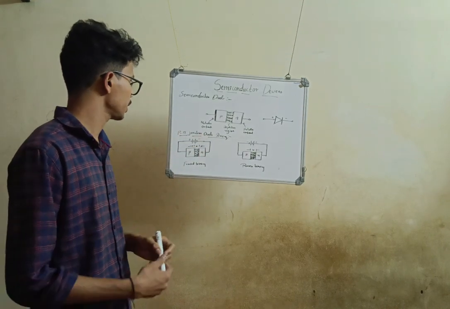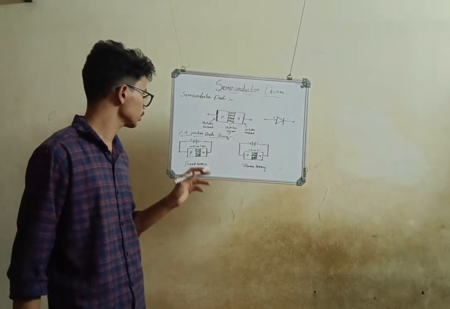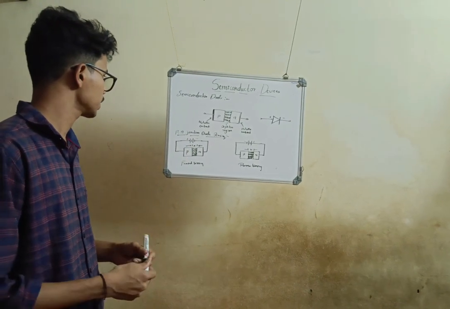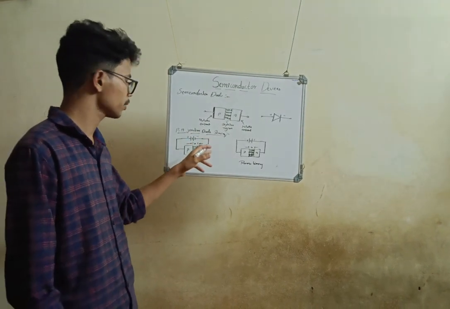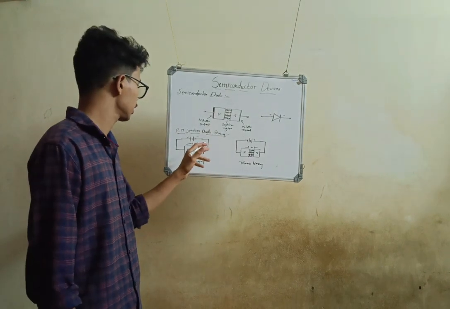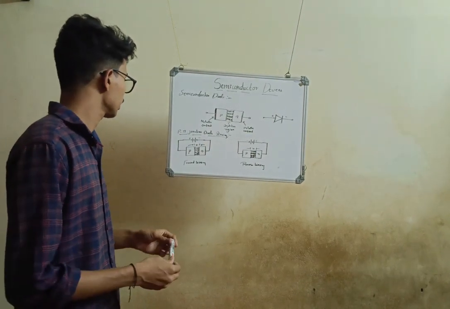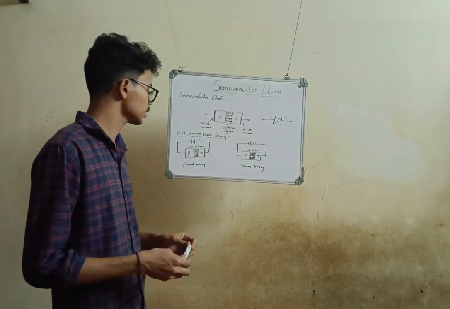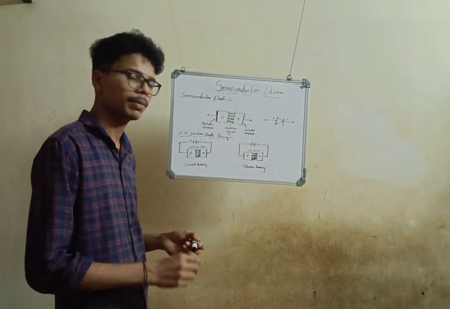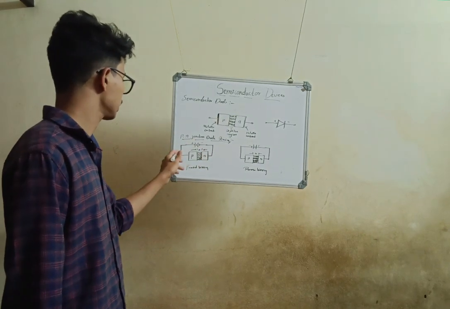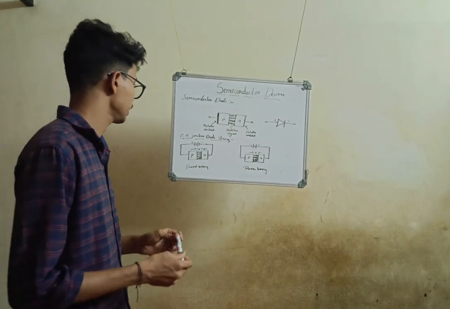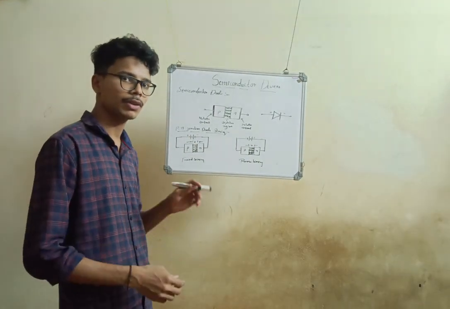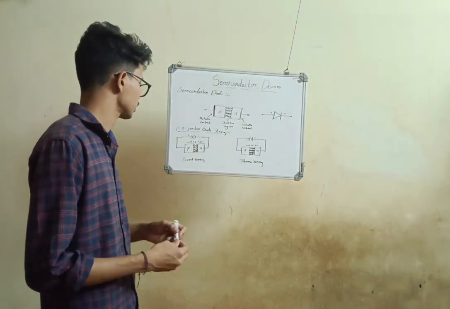p-n junction diode biasing: when the positive terminal of the battery is applied to the p side and the negative terminal of the battery is applied to the n side, the width of the depletion layer is reduced when positive voltage is applied to the p side. That allows the flow of current in the forward direction.